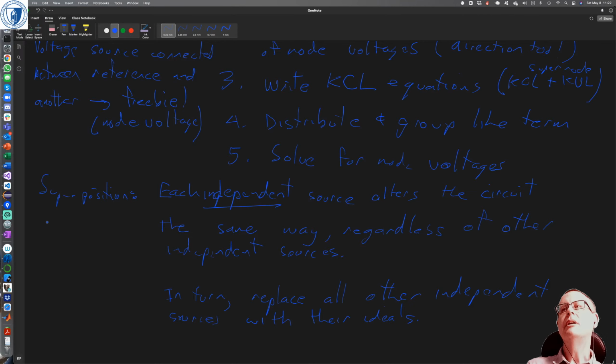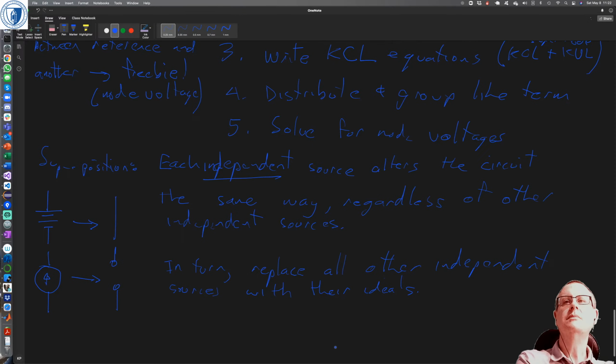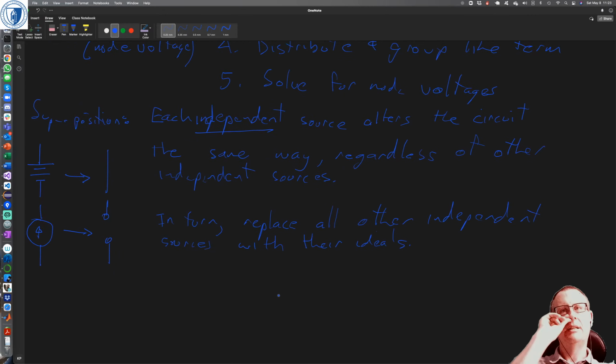Right, and remember the ideal for a voltage source is a wire, and the ideal for a current source is an open circuit. Analyze the circuit.